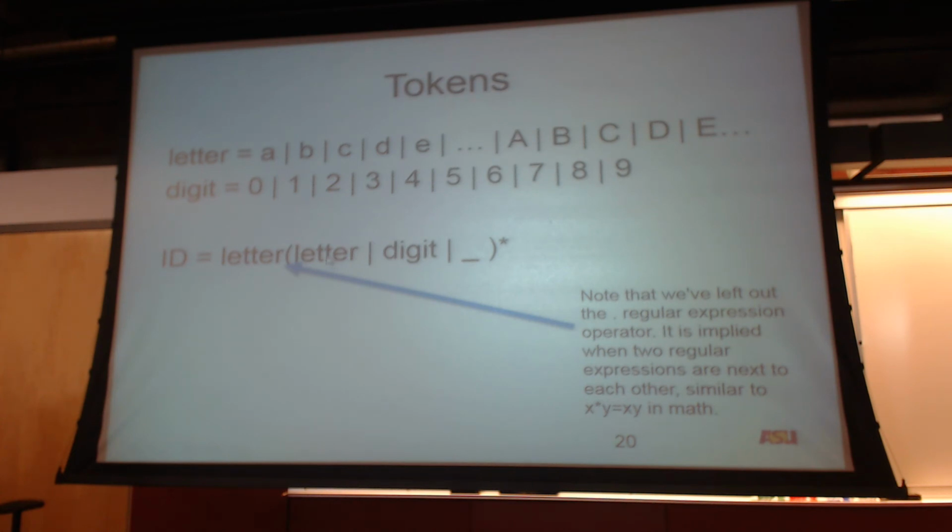So you can omit the dot here. That is your ID. So what can be the possible values of ID?